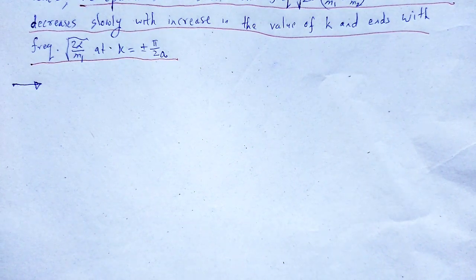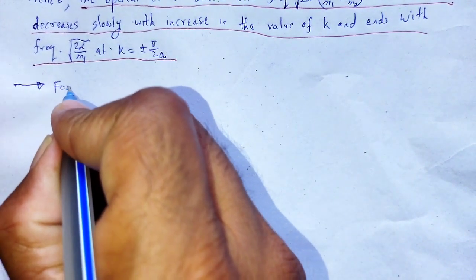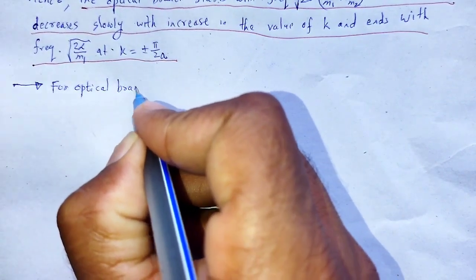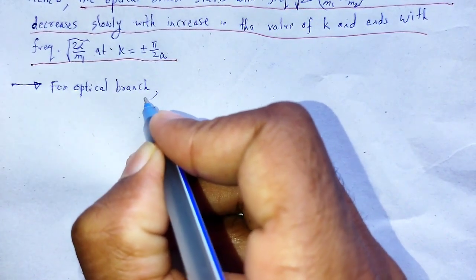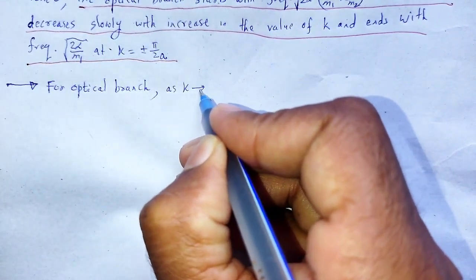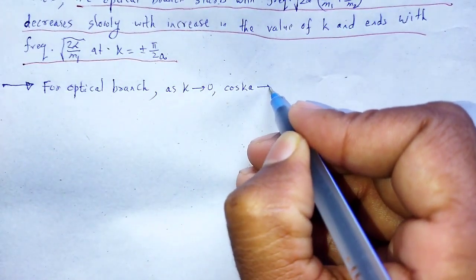To show that, we have to idealize for the optical branch. As k tends to 0, cos k tends to 1.